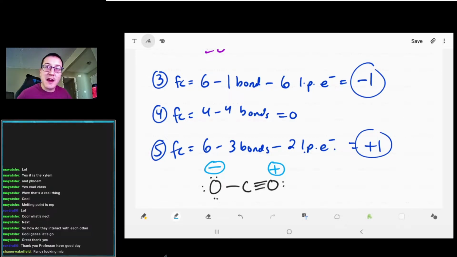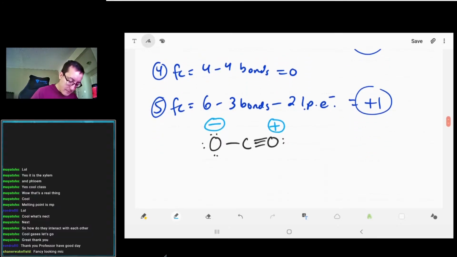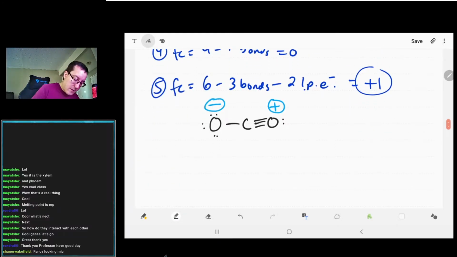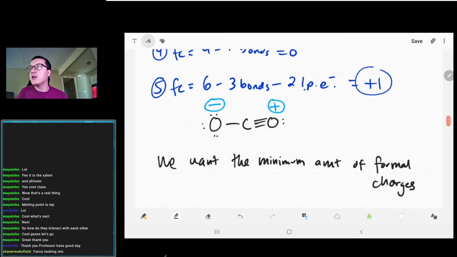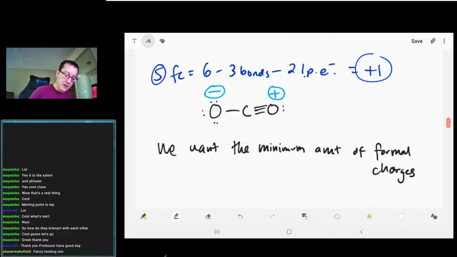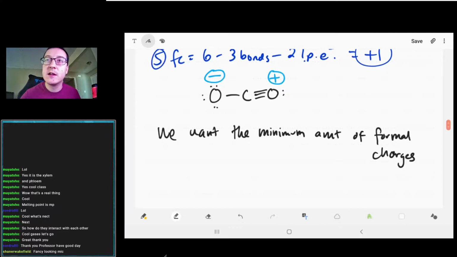And while those charges do cancel out with each other, it's just more stable for a molecule to not have formal charges at all. We want the minimum amount of formal charges when we're doing our Lewis structures. So as a result, we're going to go with carbon dioxide that has 2 double bonds and not this 1 double and 1 single and 1 triple.